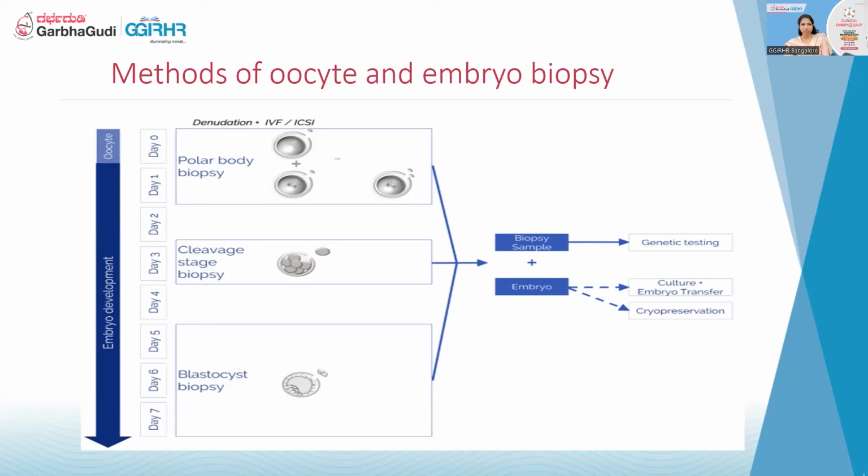The cells will start developing into 2 cell, 4 cell, 8 cell, and so on. We can take 1 cell and test it. This is called cleavage stage biopsy. Then we have blastocyst stage biopsy, on day 5 or day 6. The embryo will have a larger number of cells, so we can take a few cells and send them for testing.